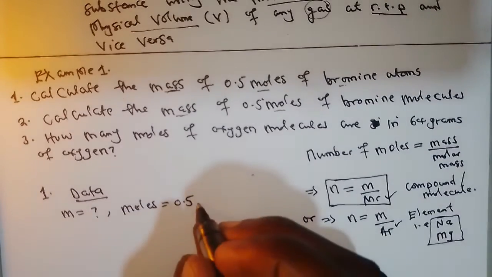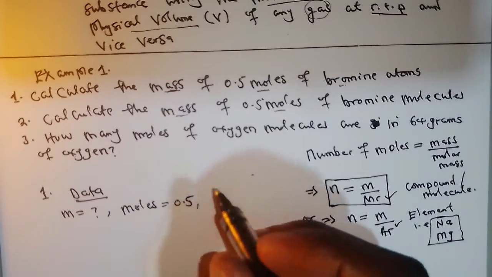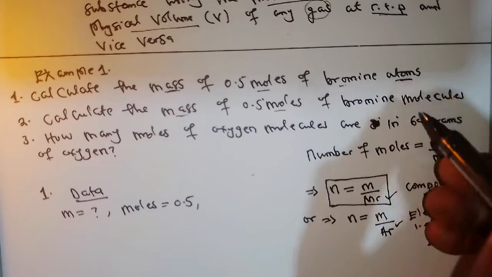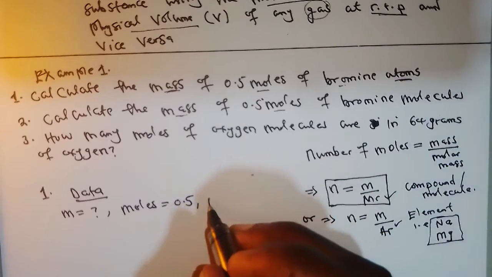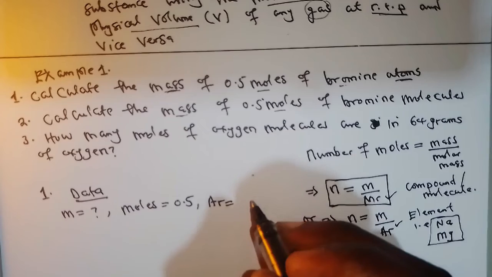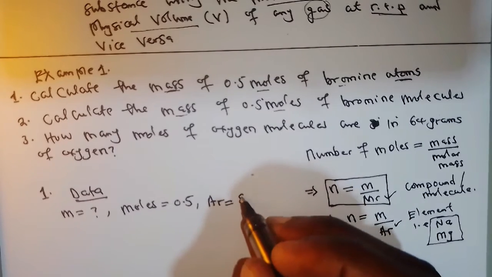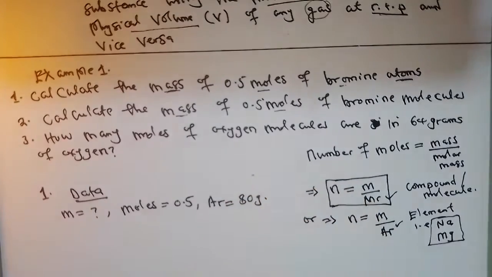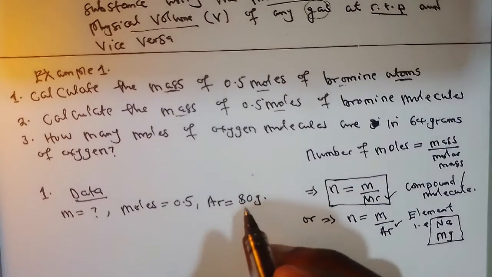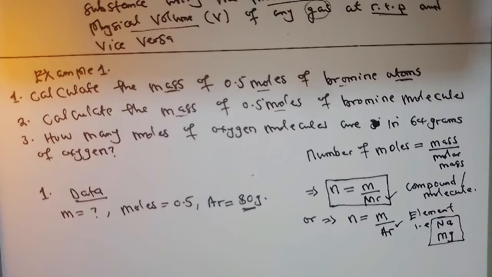Since you are looking at atoms, a single element, it is bromine, so it's just 80 grams. This number can be found on the periodic table.